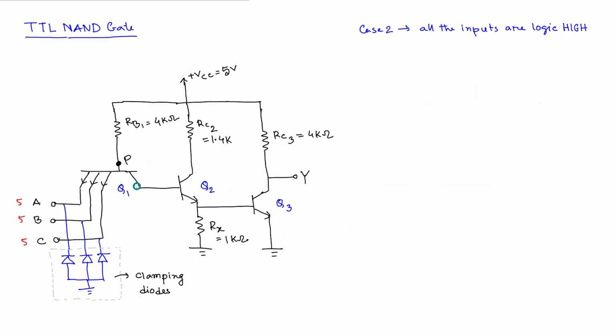So what I mean by best condition, so Q1, if it is forward biased, we need at least 0.7 volt. Okay, and if that happens, from base to collector this junction is forward biased, but from base to emitter this junction is reverse biased. So that means this particular transistor Q1 is currently now in reverse active mode. That's why 0.7 volt here is required.